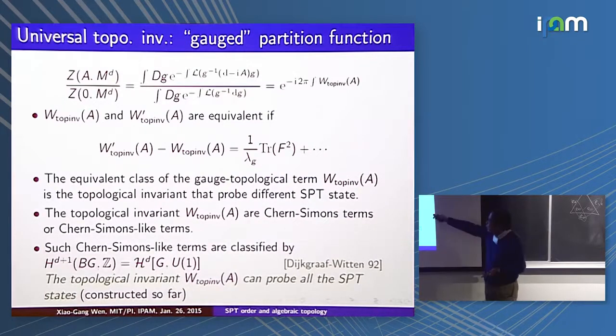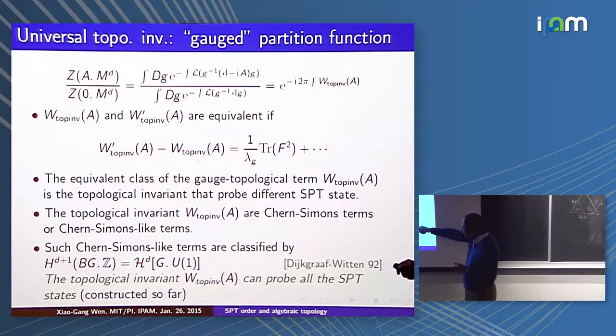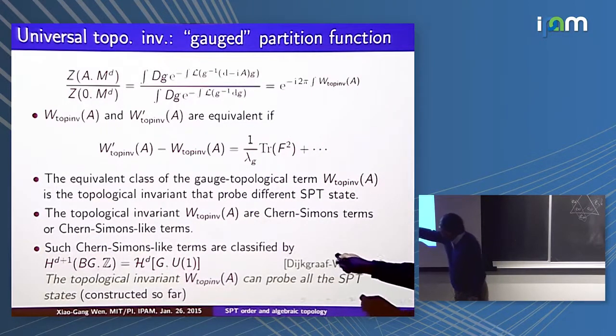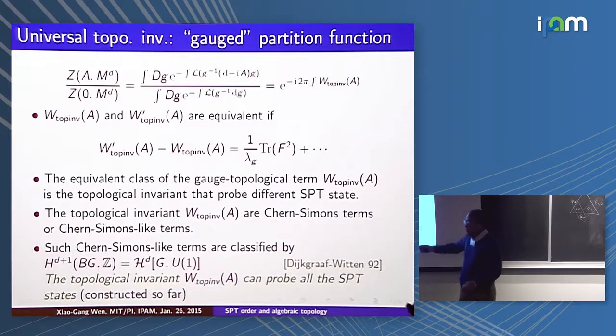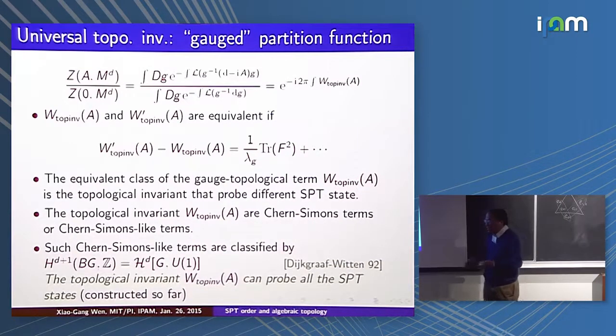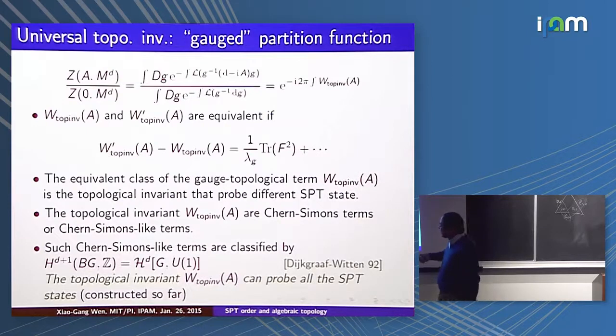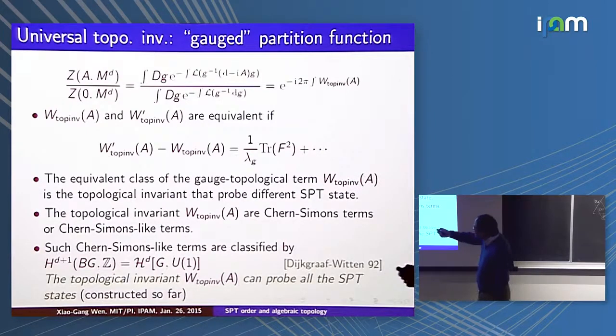In general this ratio can be a lot of functions, but if two different functions of A differ by this term, we say they are equivalent, and the equivalence class of this W is a real topological invariance.